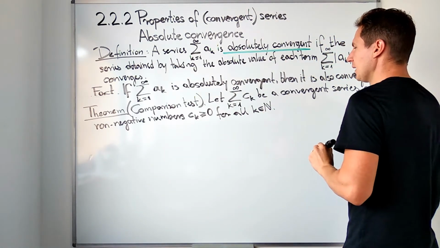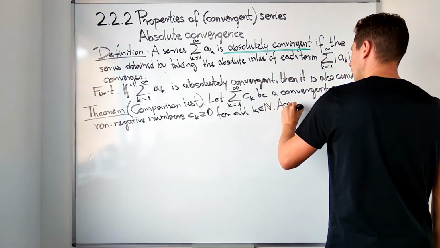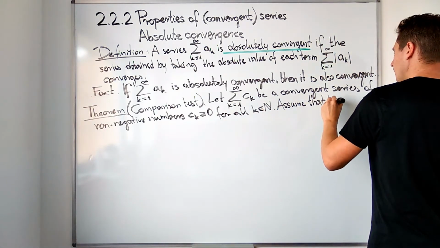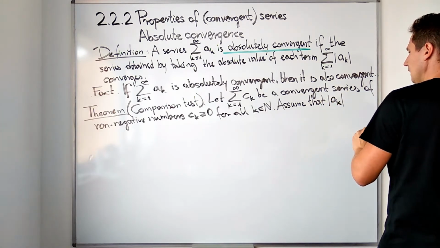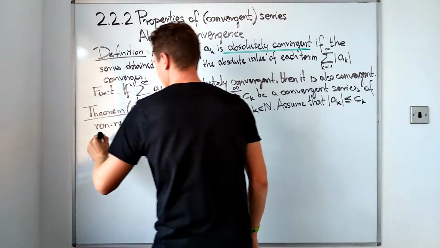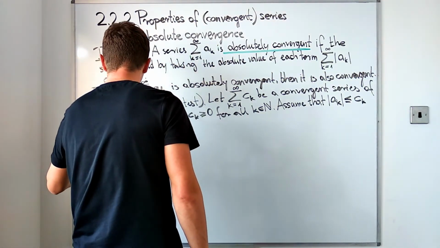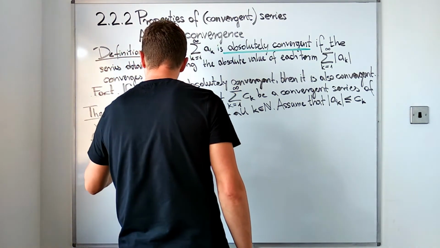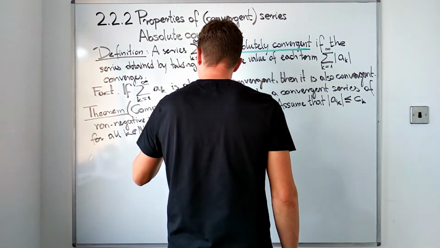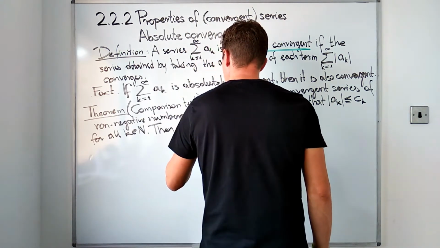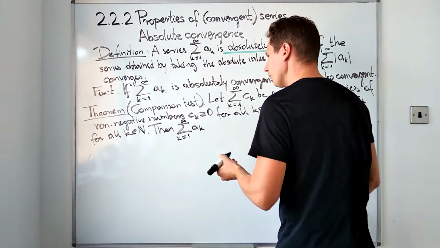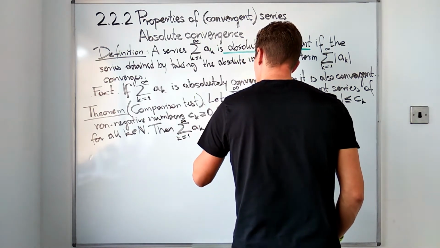And assume that the absolute value of each term ak in our original series is less than or equal to ck. This again holds for all indices k. Our statement is that then the infinite series, the sum of ak with k going from 1 to infinity, is absolutely convergent.